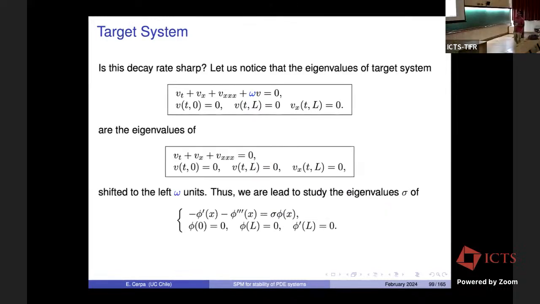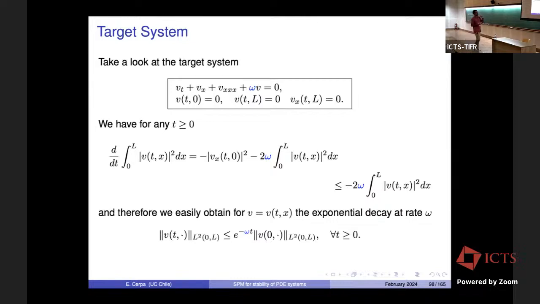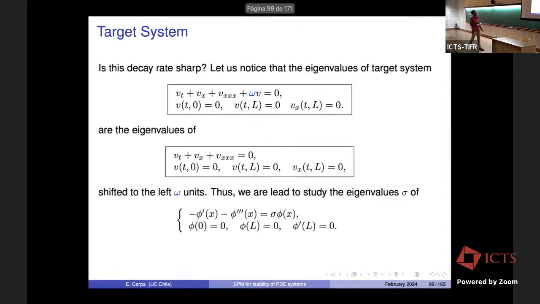Here we can see, in parenthesis, if this decay rate is sharp or not, because we have 2 terms and we are neglecting this trace. So we can see if the system has the good decay rate or not. For the space operator, we don't have a basis of the space composed by eigenfunctions, which is a problem in different situations.